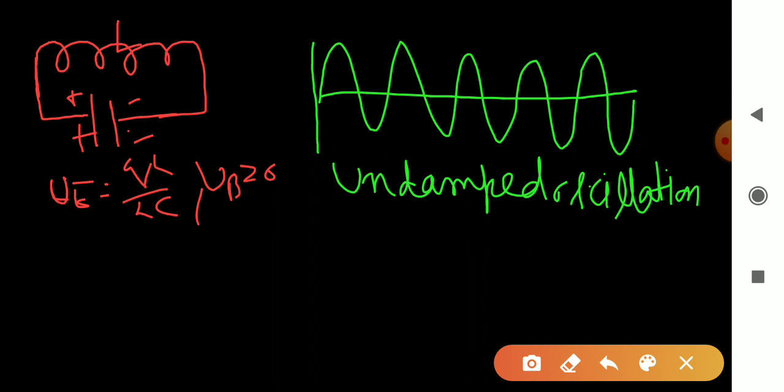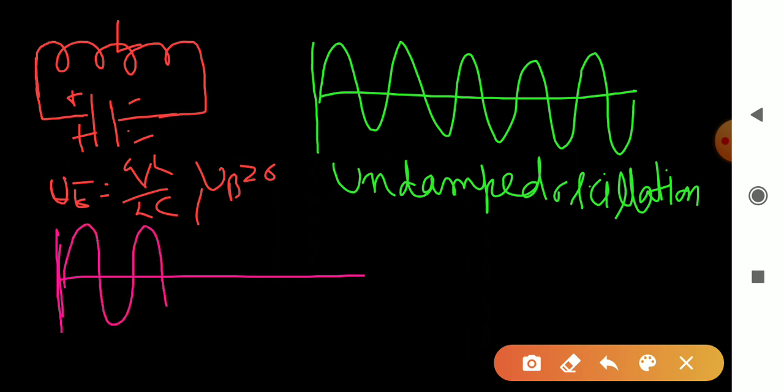So due to this the energy of the circuit is gradually dissipated as heat and the amplitude of oscillation starts decreasing till it becomes 0 and the entire energy is dissipated as heat.